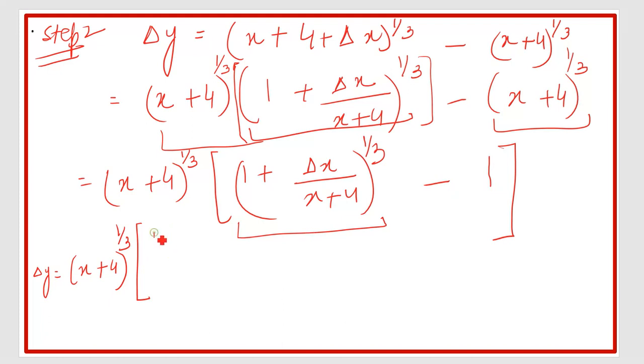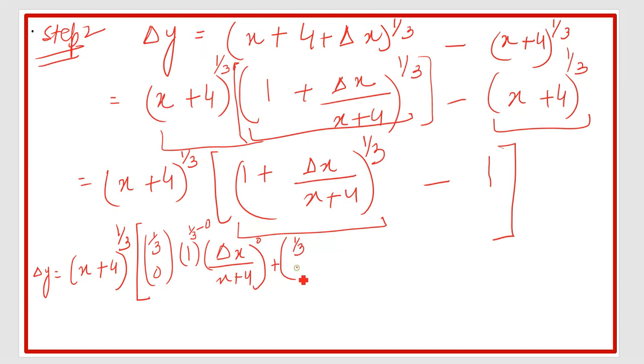So first is nC0, n is this power, and then 0. And then instead of a, we have 1. What is the power of 1? 1 over 3 minus 0. Whatever you have written here, it would be the power of 1. Instead of b, we have delta x over x plus 4, and the power of this b would be this, only this, right? Not n.